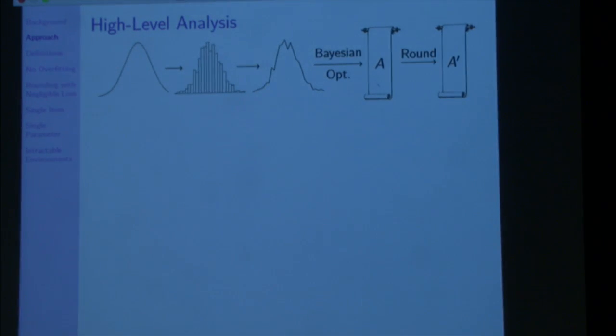So the very high level analysis before we jump into the details. We have the underlying distribution that we don't know. We get samples from it. We reconstruct the uniform distribution over the samples. We perform Myerson's optimization to get some auction A that is optimal for the uniform distribution over the samples. And then we round it. We're going to say soon what that means.